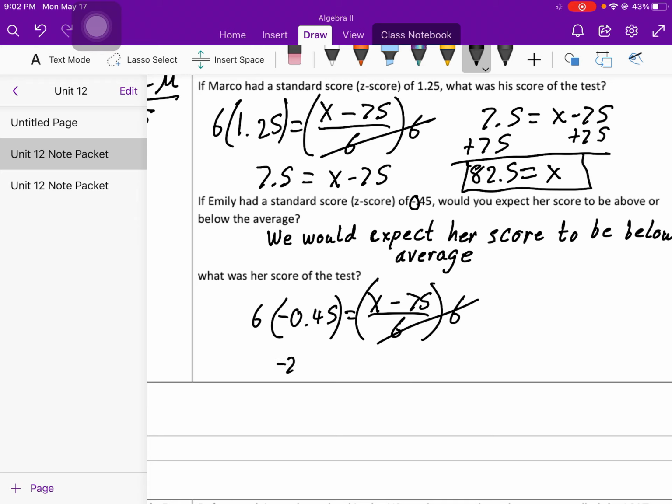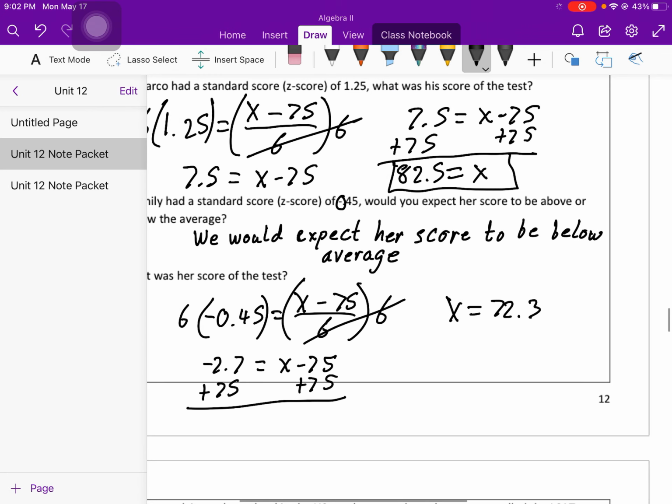And what we're going to end up getting on the left side is negative 2.7 equals x minus 75. Add 75, and we're going to get x equals 72.3, which is below average because it's less than 75. And I guess I should put percentage on these.